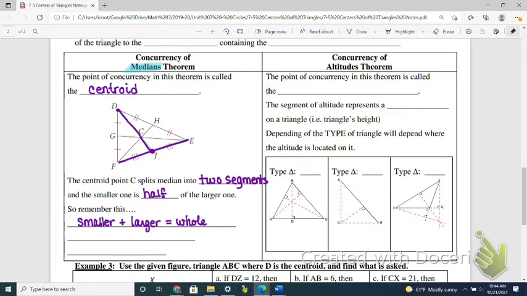In other words, if I think of the smaller as x, and that is half the larger, that means the larger would be 2 of the x's, and that is going to equal your whole length. You can also think of it as the smaller plus the larger being 2 smaller, and that's where I got 2x equals the whole.